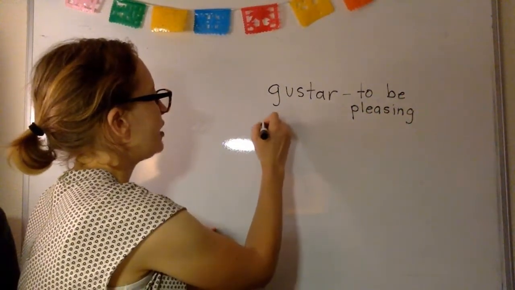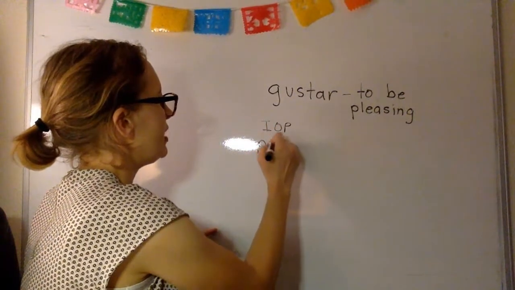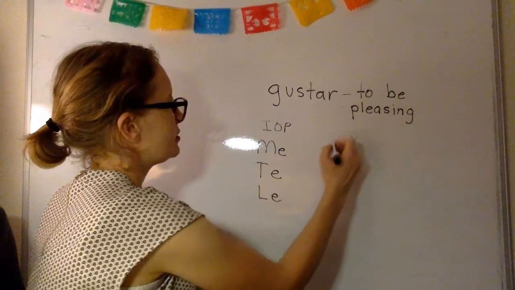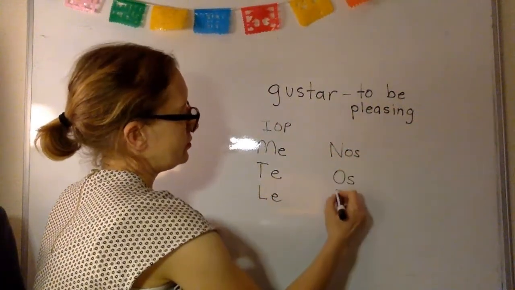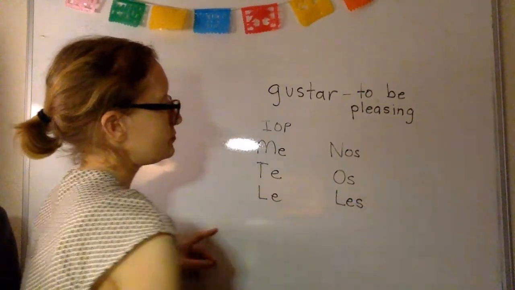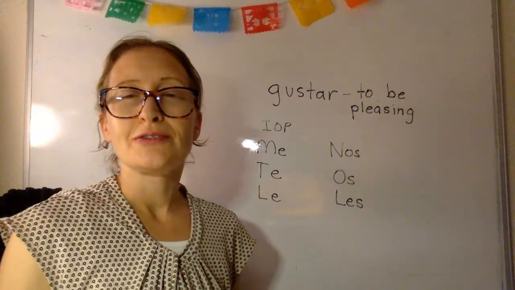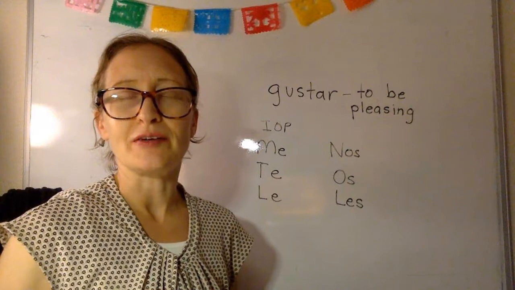So our indirect object pronouns are me, te, le, nos, os, and les. Indirect objects answer the question to whom or for whom an action is done.